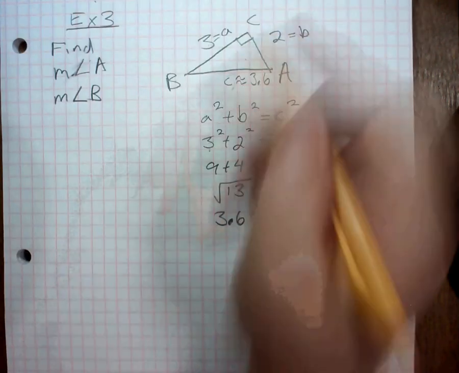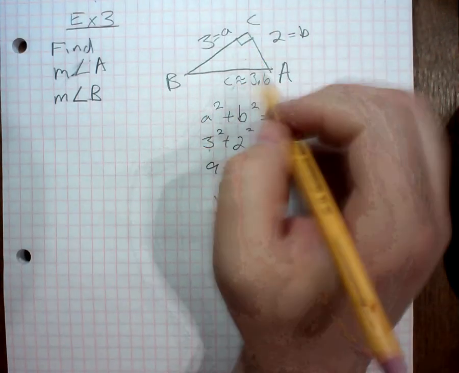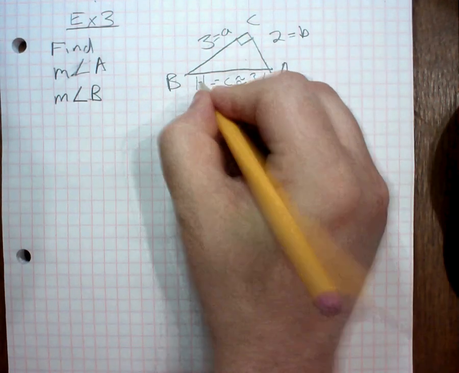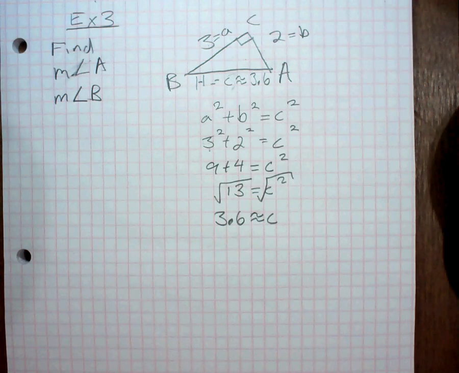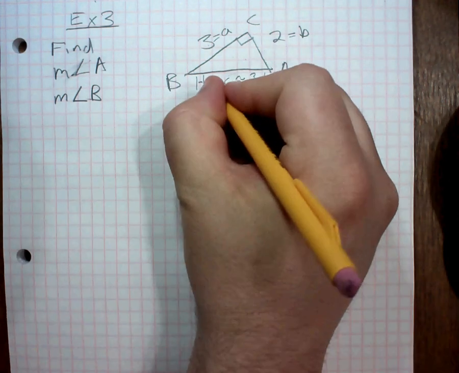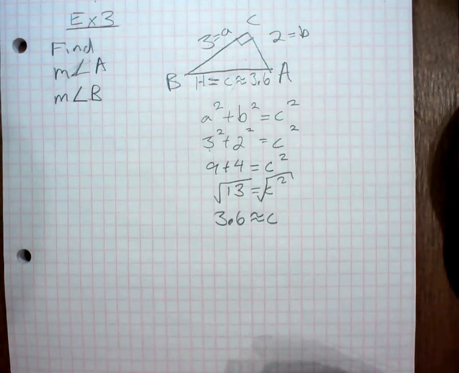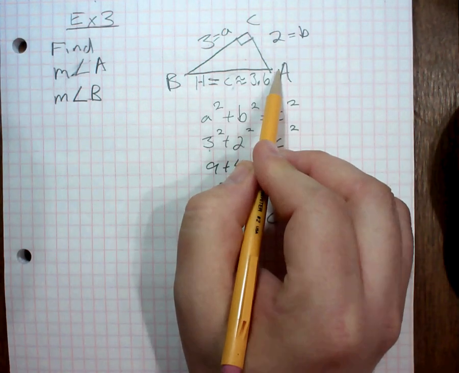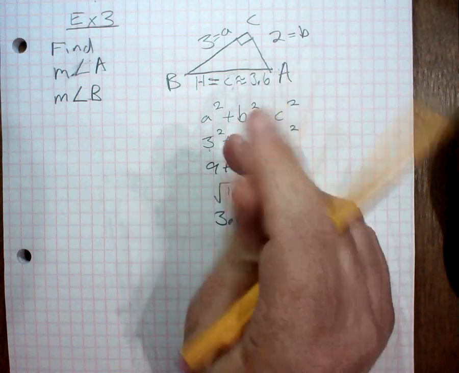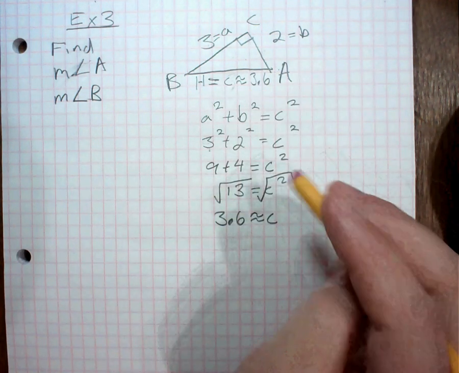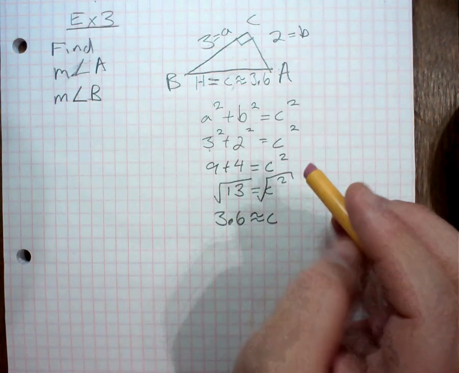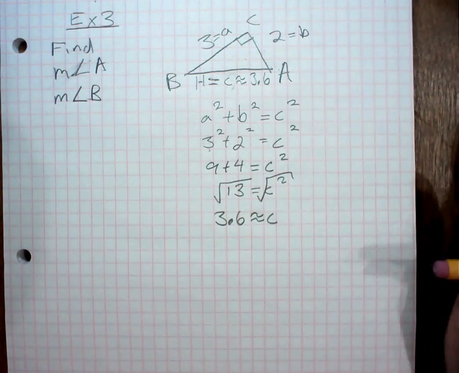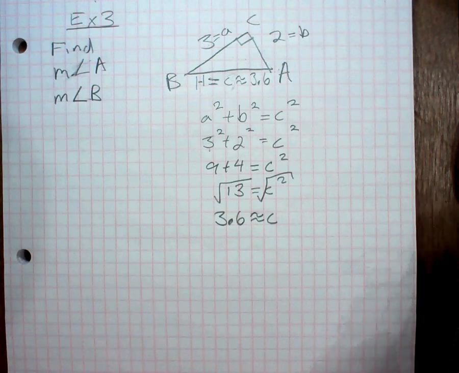And remember that the side across from the 90-degree angle is the hypotenuse. Okay, so that is actually the hypotenuse. So if I want to find the measure of angle A, well, I've got three sides, right?